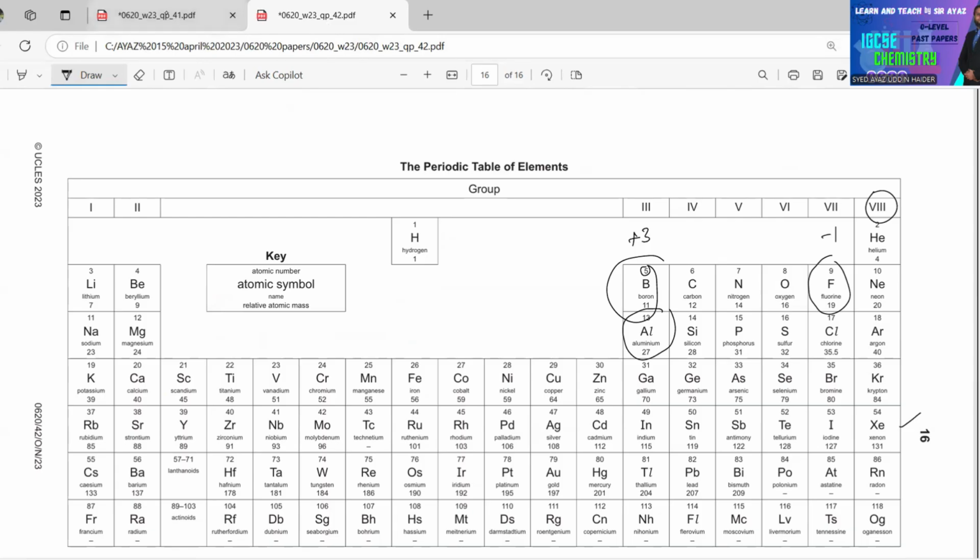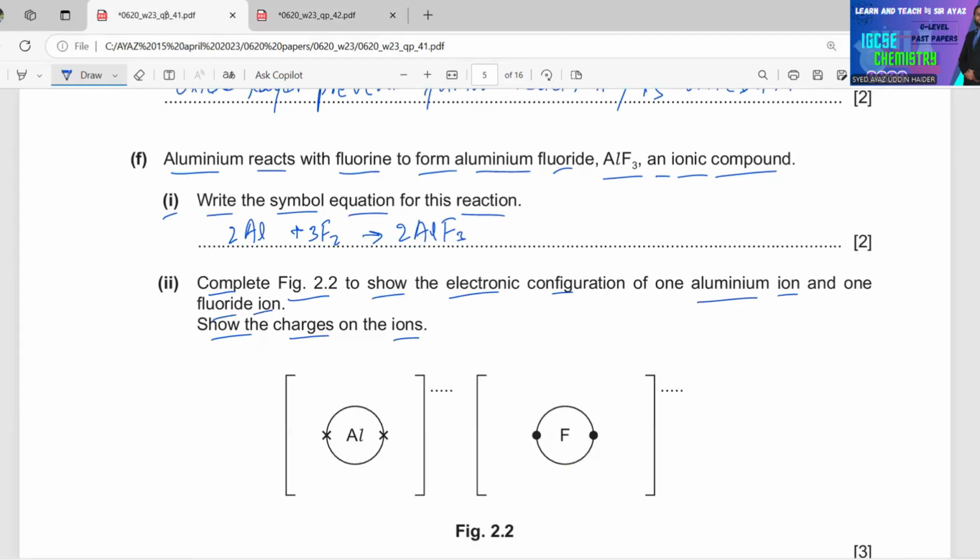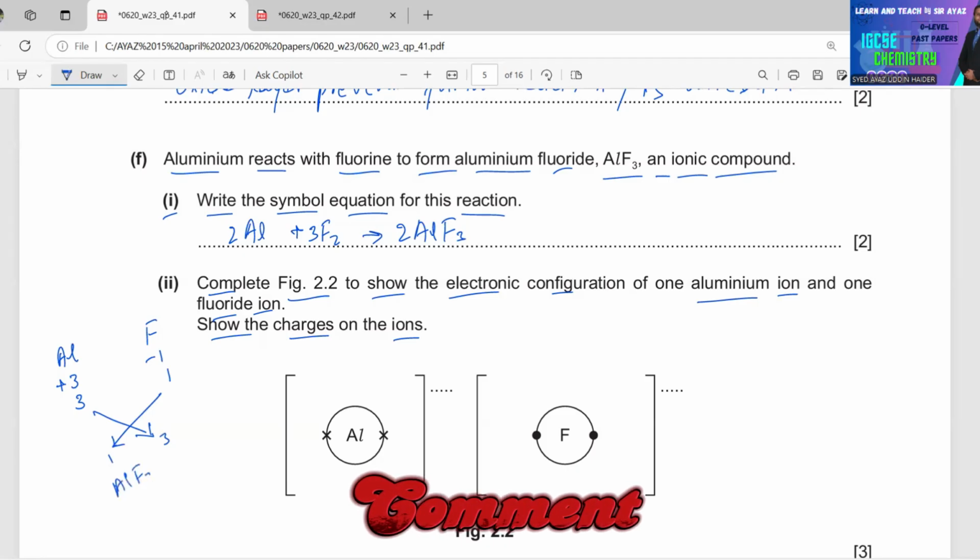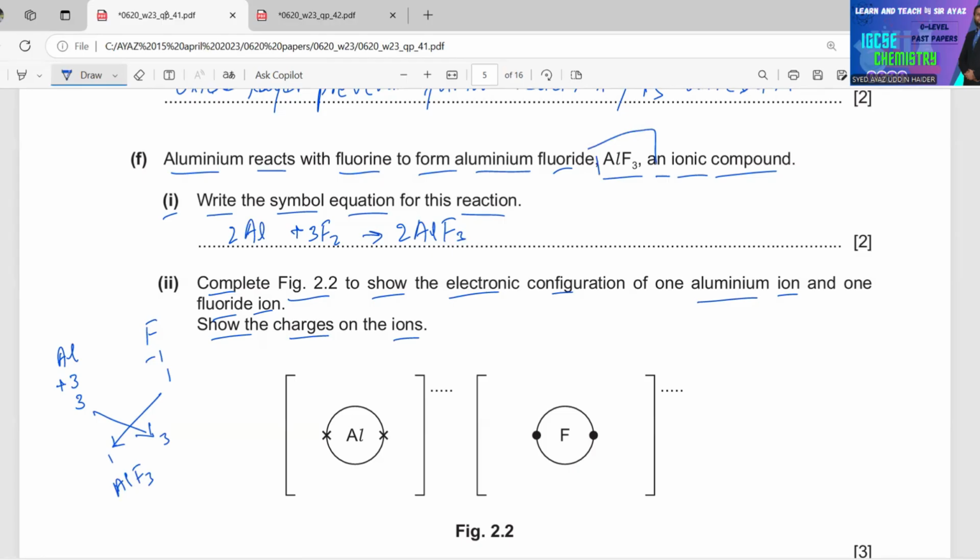If you work out the formula between these two, AlF, I'm writing the valency for aluminum, which is +3. For fluorine, it's -1. Ignore the charges. Become 3, 1. These subscripts will be exchanged. In the end, you are getting AlF3. They have already mentioned AlF3, which means there will be 3 atoms of fluorine for 1 atom of aluminum.